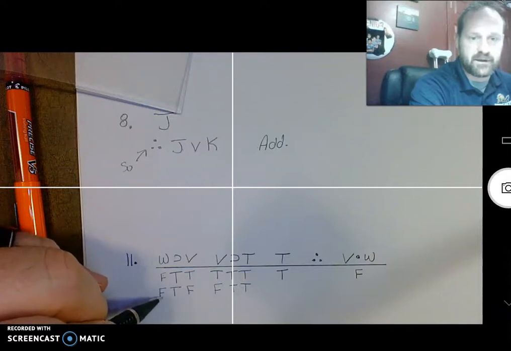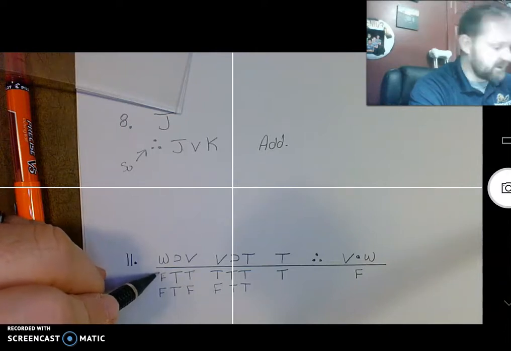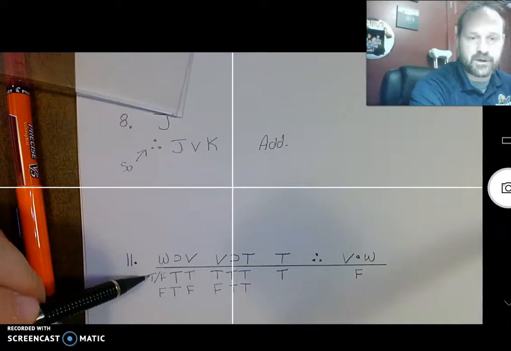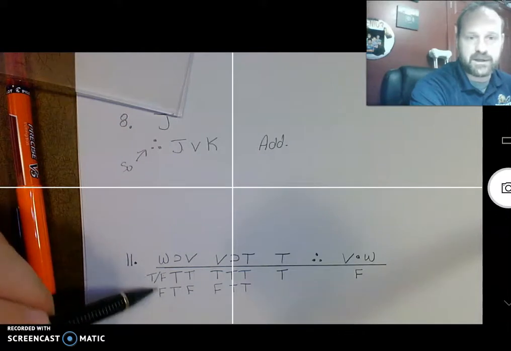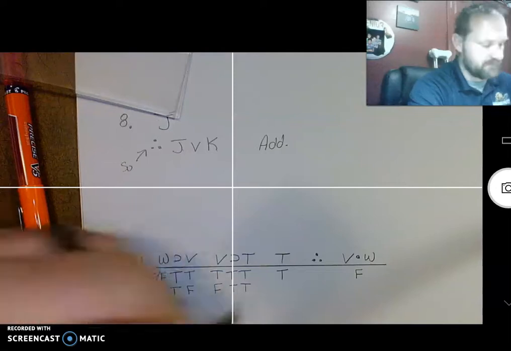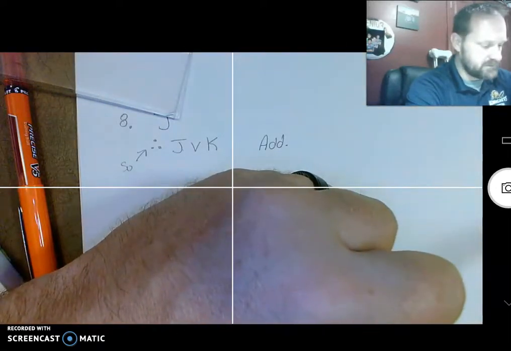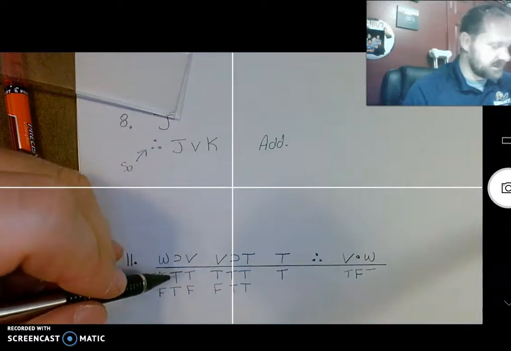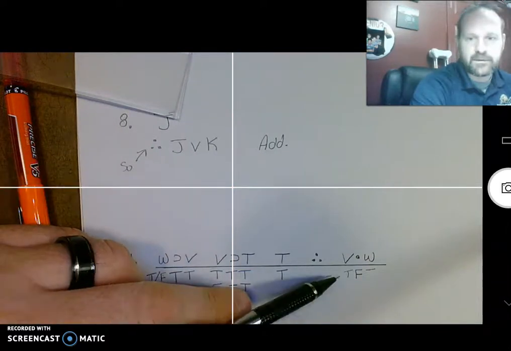On this one it could also be false or true. So regardless, W can be either true or false. So we could have true, true. Hold on a second. Whoops, my apologies.